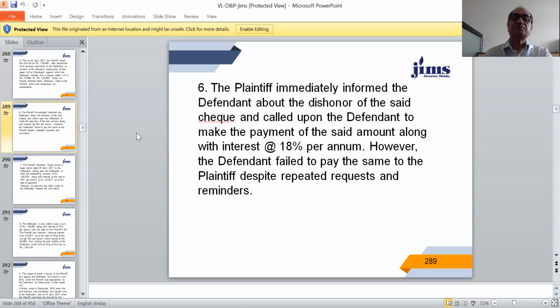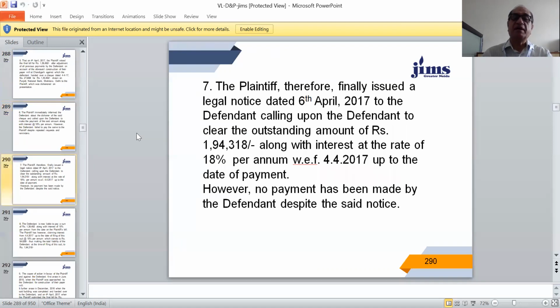Para 6, the plaintiff immediately informed the defendant about the dishonor of the said check and called upon the defendant to make the payment of the said amount along with interest at the rate of 18% per annum. However, the defendant failed to pay the same to the plaintiff despite repeated requests and reminders.